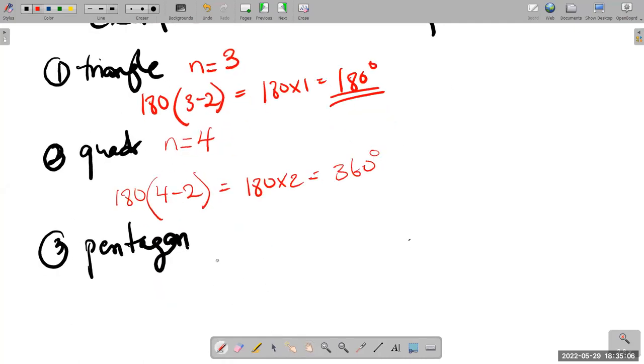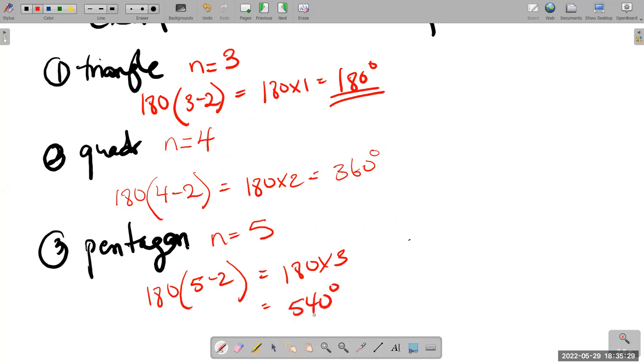Everybody get the point I'm making? For a pentagon, n is equal to 5. If you need to write down this formula, please do so. 180, n is 5, so it's 5 minus 2. So that's 180 times 3. Somebody, what is that? 180 times 3, that's 360 plus 180, 540. Is that correct?